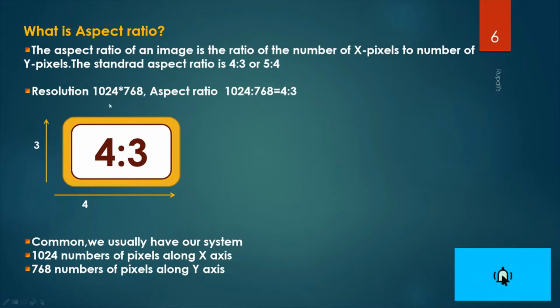So if our screen resolution is 1024 by 768, then the aspect ratio is 1024 to 768, that is 4:3. It is very common and usually our systems have this ratio. In the x-axis, the number of pixels is 1024 and in the y-axis, the number of pixels is 768.